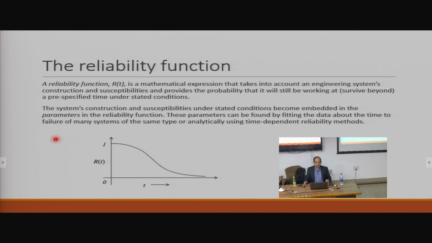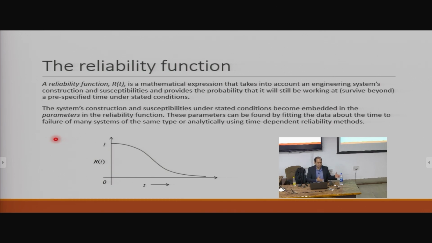So these are embedded, like I said, in the parameters in the reliability function, okay? The system's construction, susceptibilities, and so on and so forth. And these parameters can be found by fitting data about the time to failure of many systems of the same type, or analytically for time-dependent reliability methods, right? So same thing that I said.